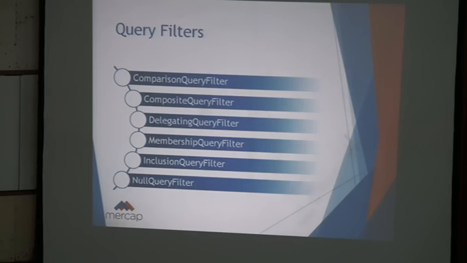Delegating query filters, which in memory would translate to sending a sequence of messages. In SQL it will translate to a subselect. Membership and inclusion, that is an object is in a collection or a collection includes an object. And the null query filter, if you need to have a query filter and you don't really want to filter anything, it just returns the whole collection.